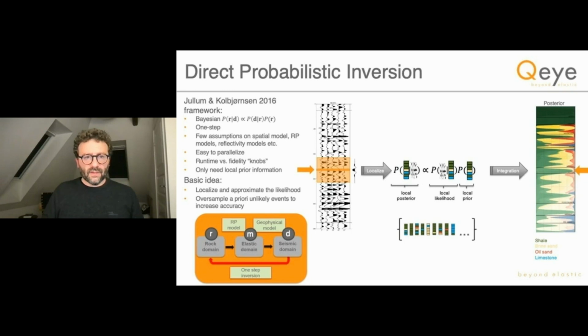So how does DPI work under the hood, looking at the engine from a distance, so to speak? Let's say we want to find the phases probability at a given seismic grid point, indicated by the arrow to the right. Then, as you can see on the left, we cut out a piece of seismic of approximately wavelet length centered around the grid point in question and insert it into this cartoon version of Bayes equation.